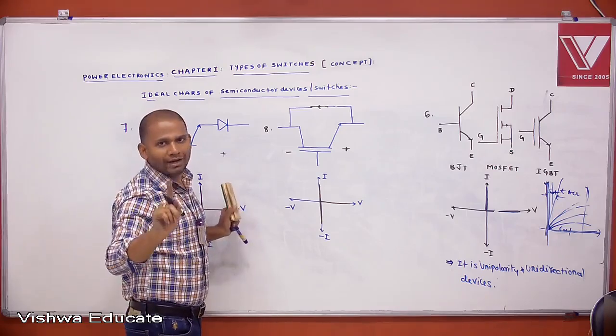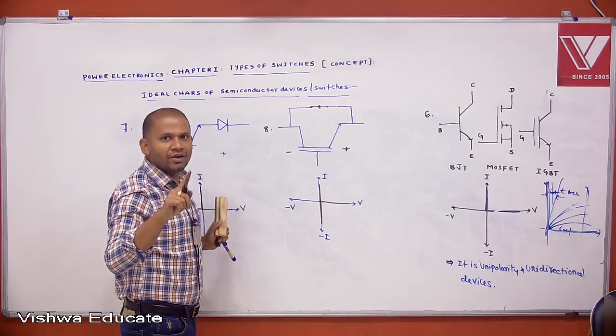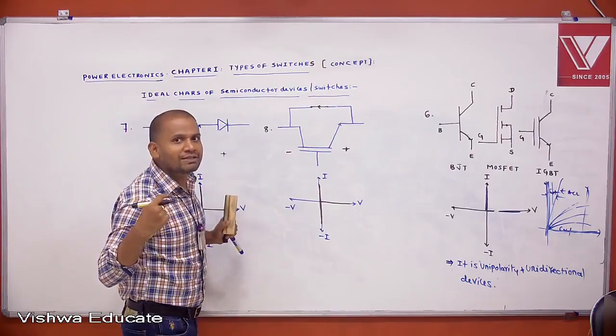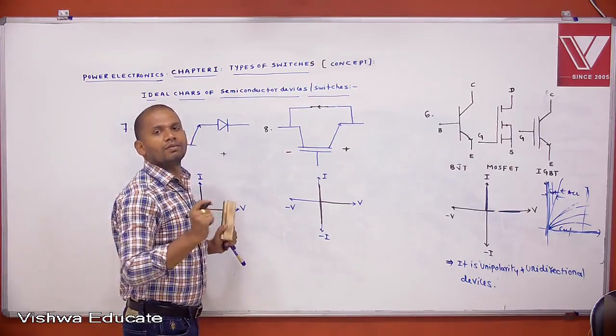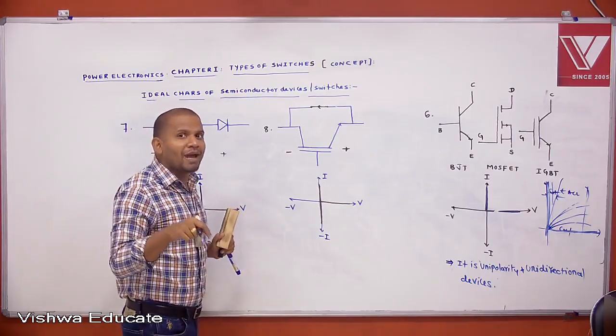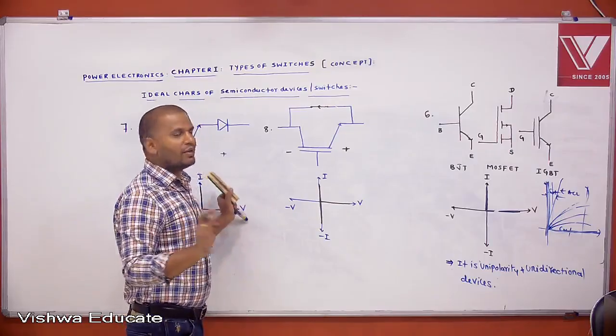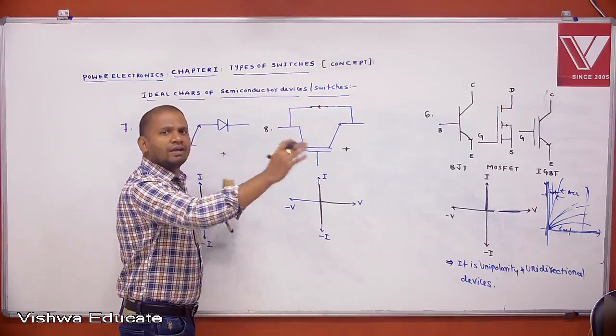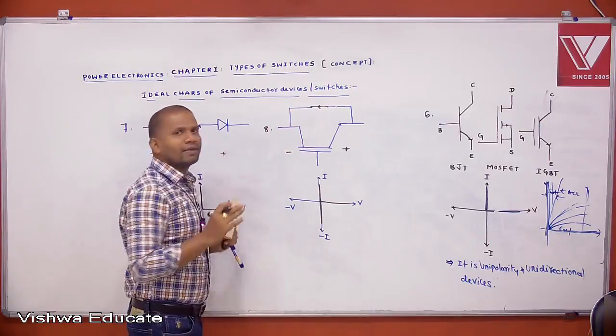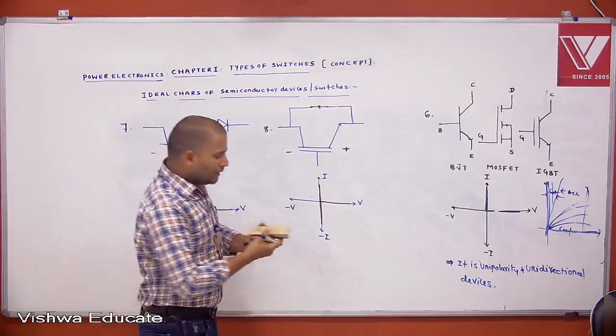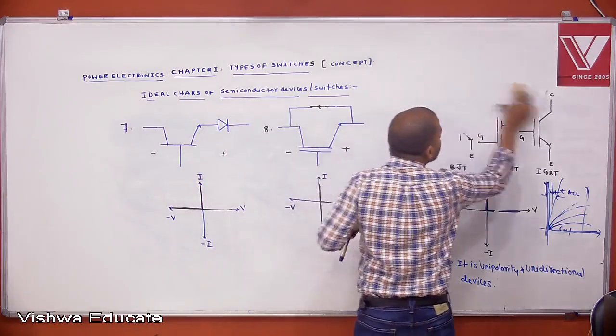Inherently, first quadrant operation. If it is a series diode, extra which characteristics can you get? Reverse voltage. If it is an anti-parallel diode? Reverse current. If any device is given, like that only you can draw the characteristics. Then try to draw these characteristics for this device.